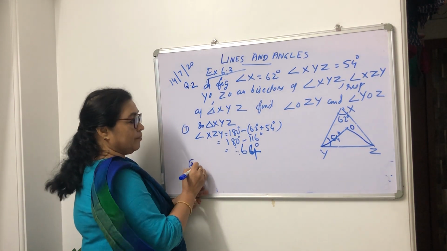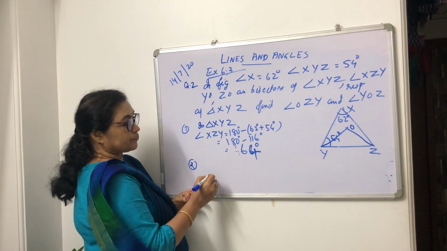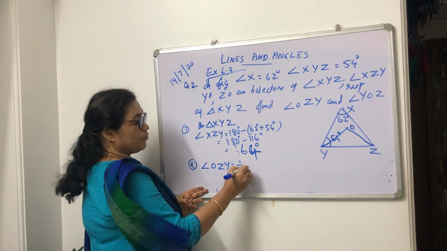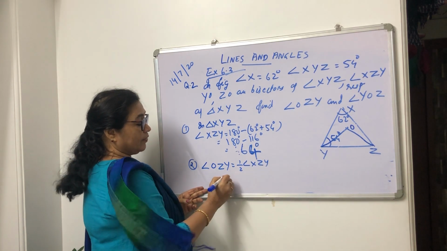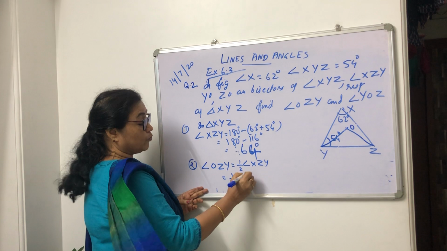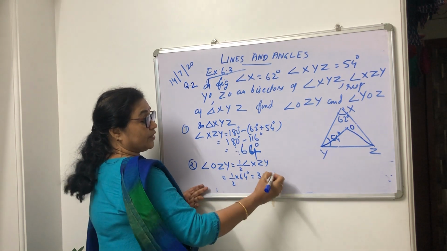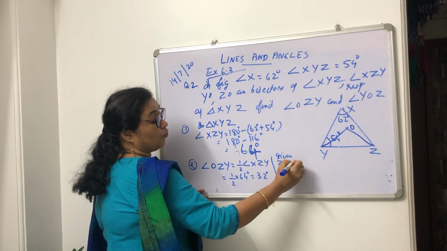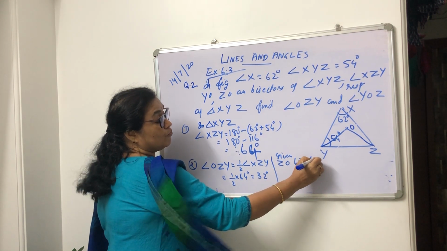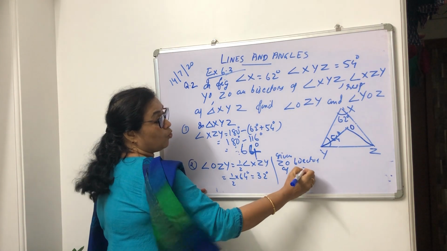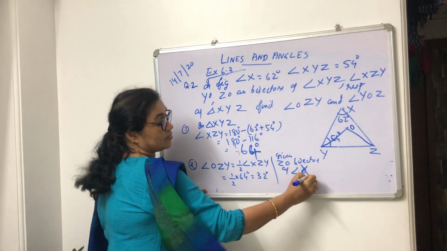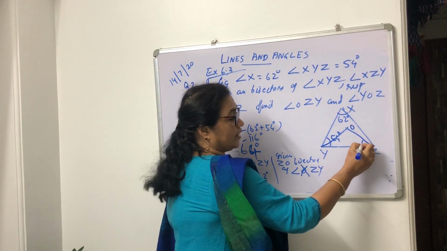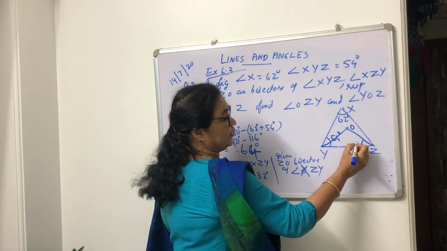Therefore, angle OZY is half of 64, which equals 32. The reason given is ZO is the bisector of angle XZY. So now you got this angle as 32 degrees.